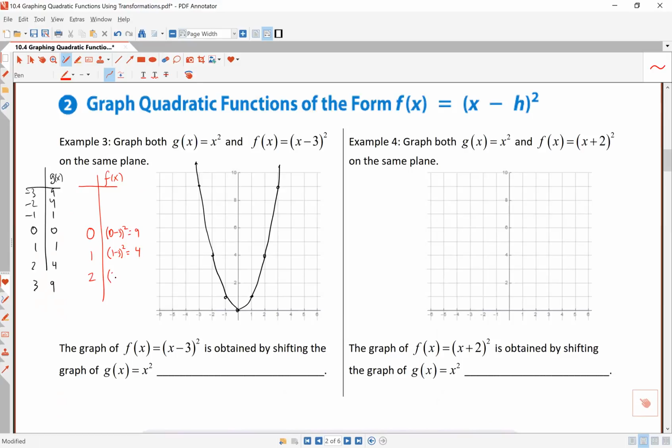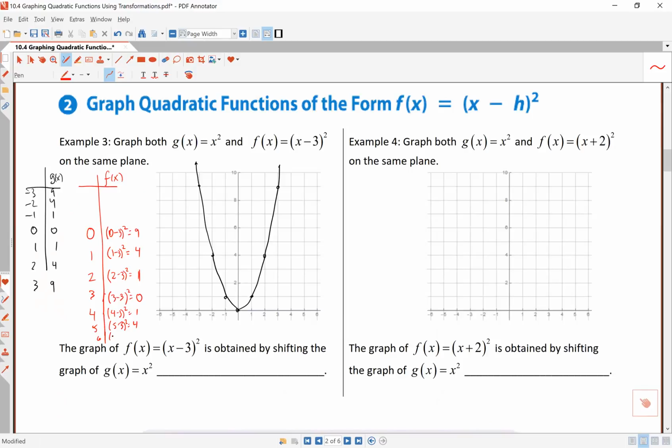Two minus 3 is negative 1 squared, which is 1. 3 minus 3 is 0, squared is 0. 4 minus 3 is 1, squared is 1. 5 minus 3 is 2, squared is 4.